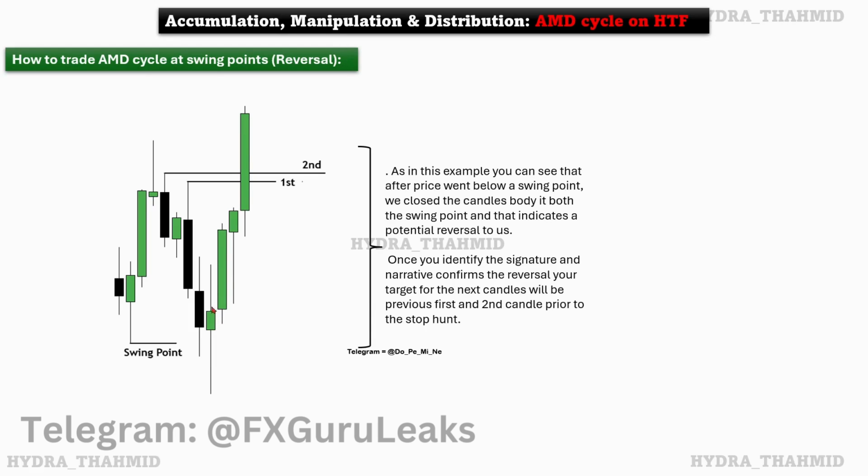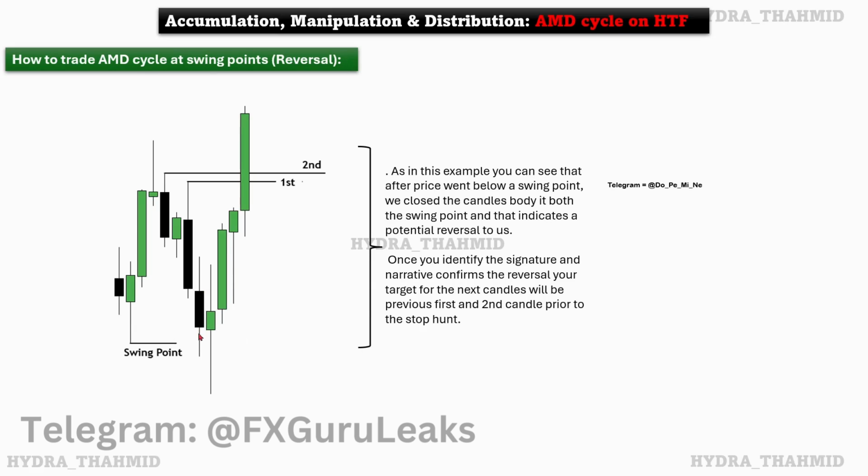So suppose you see a reversal pattern forming here, you will be able to target this, take a partial here, take a partial here, and then here. I hope you understood what the high probability target is in this scenario. We focus on the candle that does the stop hunt. We look for the signature in price by confirming the closure of the candle's body.